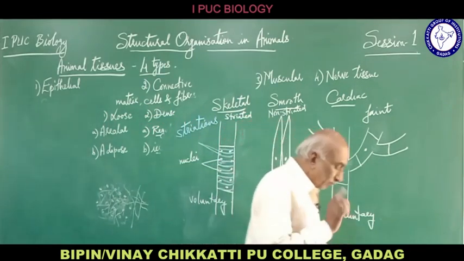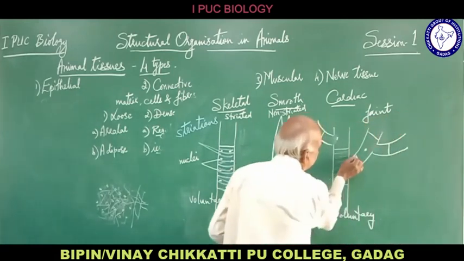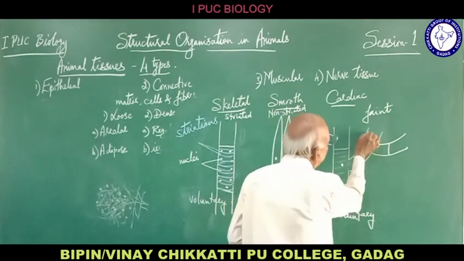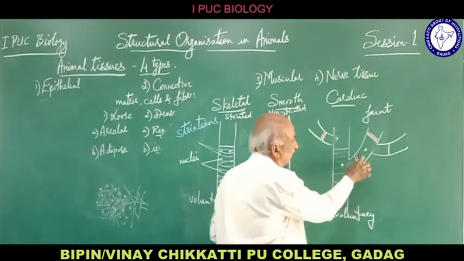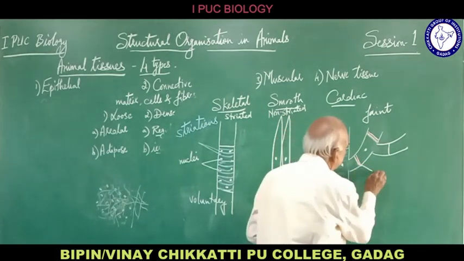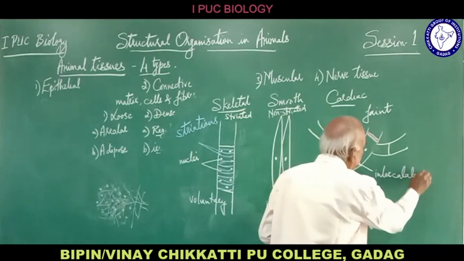And one more important characteristic of the cardiac tissue is that there is a band-like structure at the junction of each cell. Wherever two cells meet each other, we find a band-like structure which is called intercalated discs.